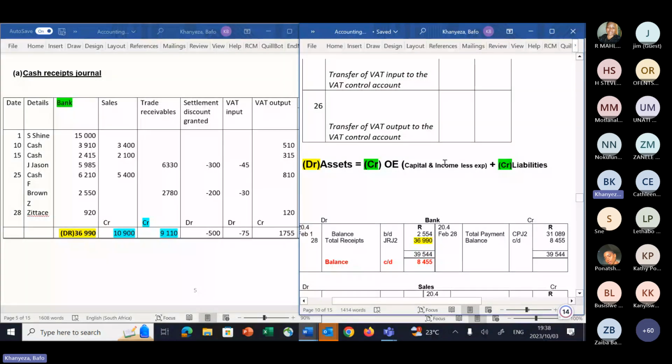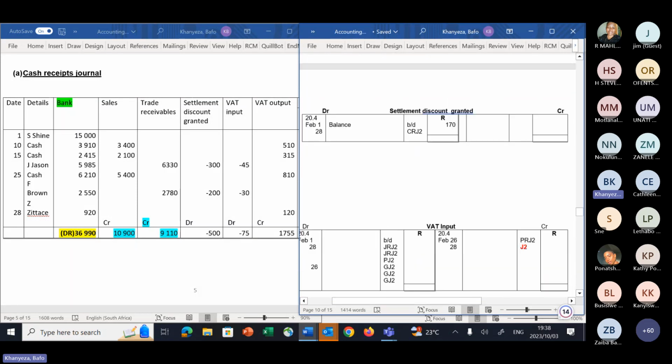So income is a credit, and expenses are a debit because they are a reduction in the owner's equity. That's why we have the settlement discount being a debit. So let's deal with the settlement discount then being a debit.